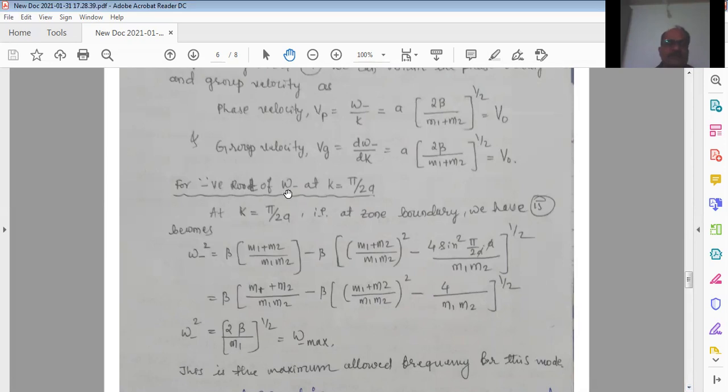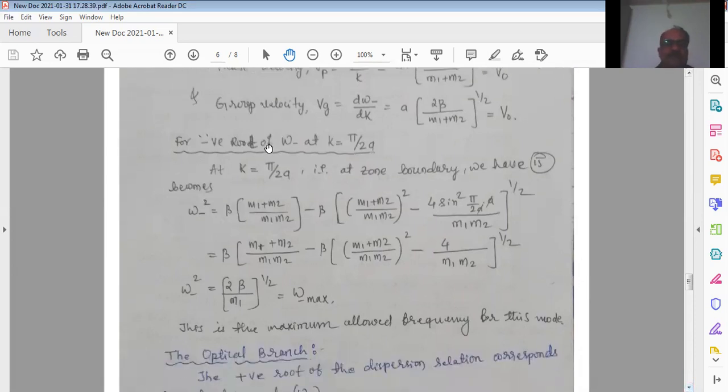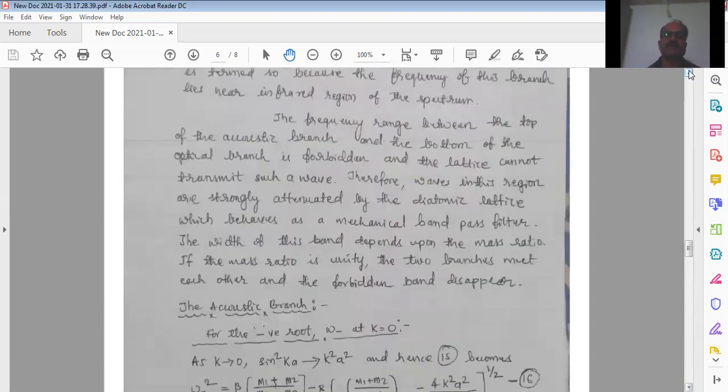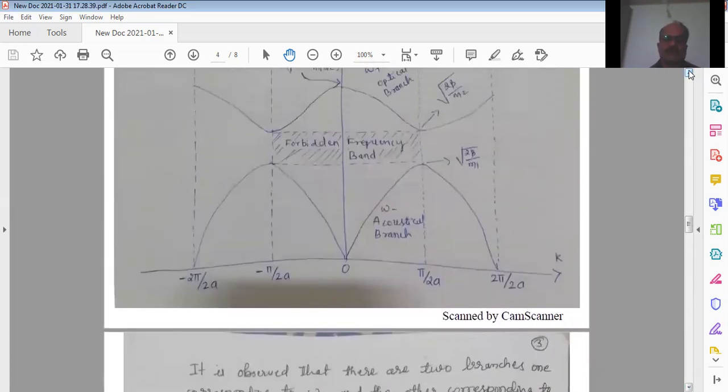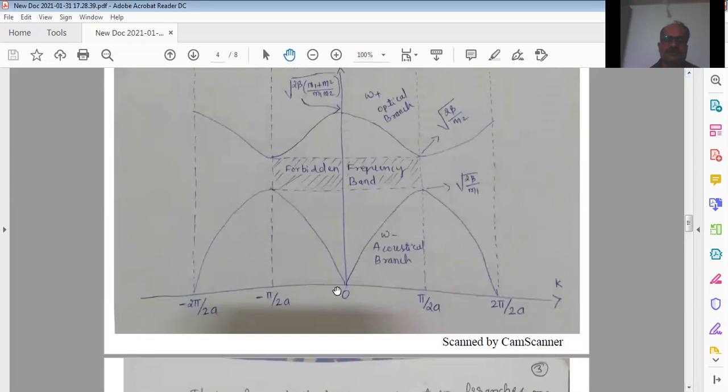Then for the same negative root, omega minus at k is equal to pi by 2a, we will see what happens. At k is equal to pi by 2a, this is the boundary of the first Brillouin zone. I will show it in the diagram. So this is k is equal to 0, and this is k is equal to pi by 2a, or k is equal to minus pi by 2a. Same conditions will be there.